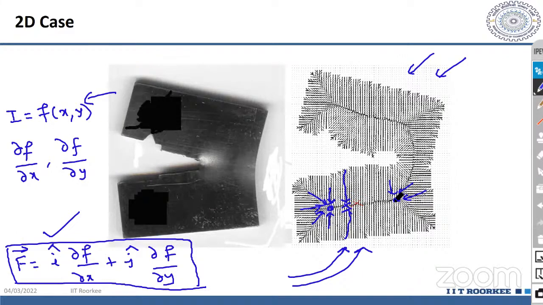So we have to find this locus, at least where two vectors are converging. For example, here no vectors are converging. At this point, no vectors are converging, only one vector is going in this direction.